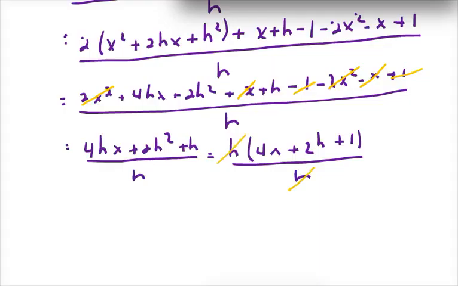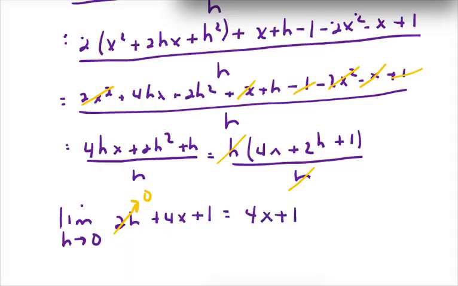The h's are going to cancel out, and you're left with the limit, because that's what we're doing, taking the limit as h approaches 0 of 2h plus 4x plus 1. And if h is going to 0, this is the only term that's going to go to 0. And we're left with the general equation 4x plus 1. That actually is the derivative function.